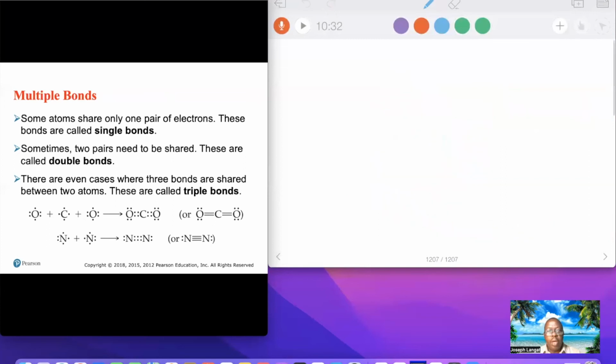Now there are 3 types of bond you must commit to your memory as far as covalent bonds are concerned. This is a single covalent bond, all right?